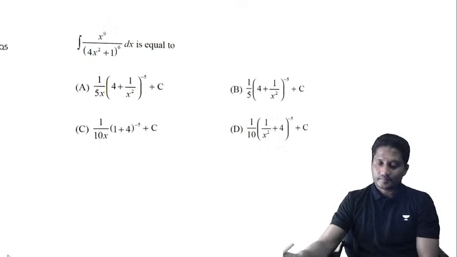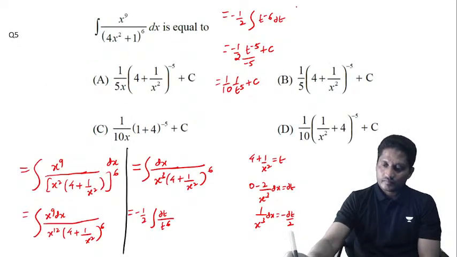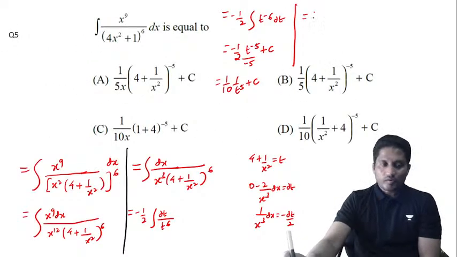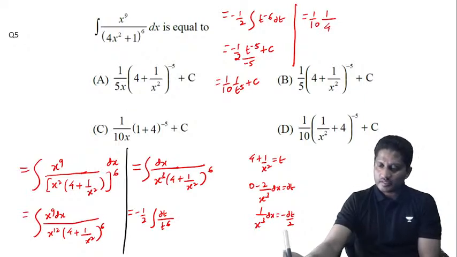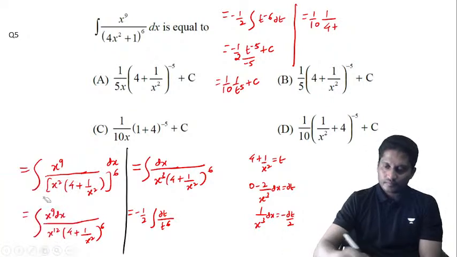Now substitute the value of t. 1 by 10, 1 upon t value is what? 4 plus 1 by x square.